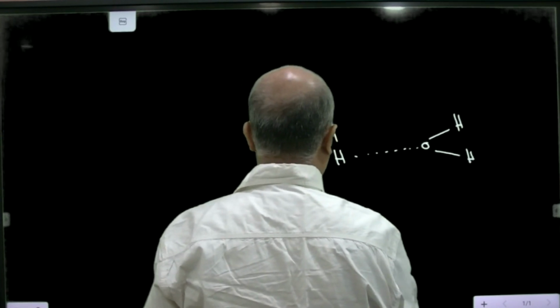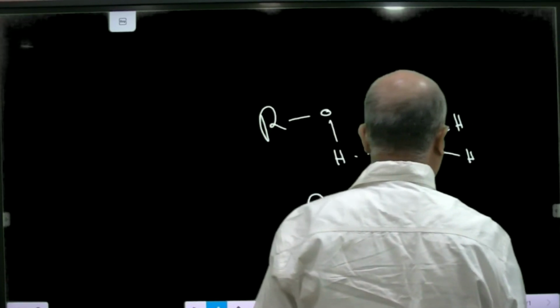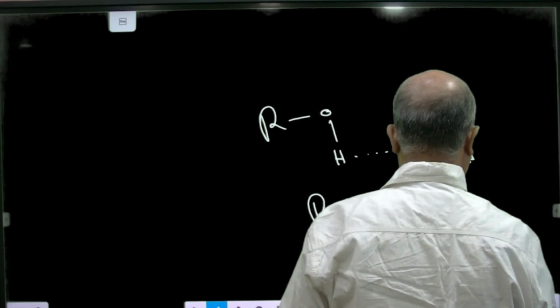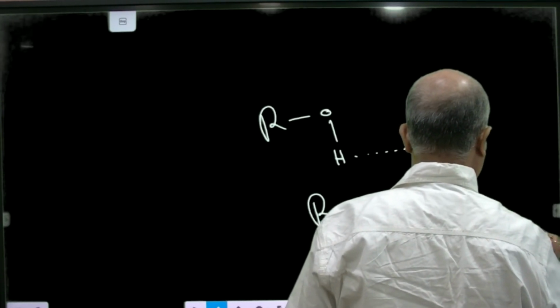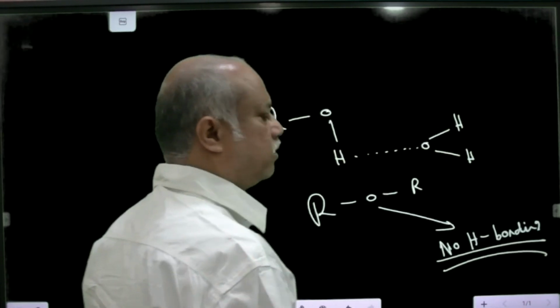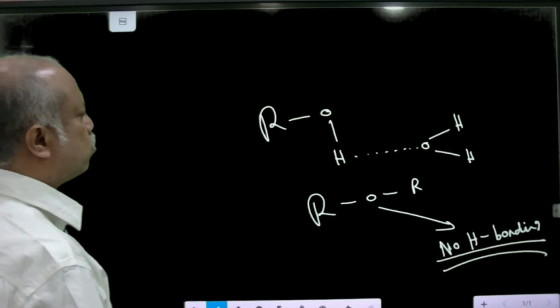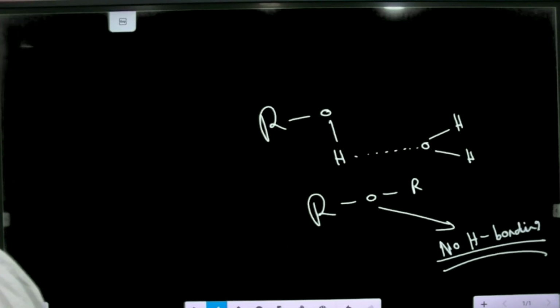Ether has no hydrogen bonding. Insoluble in water. So alcohol is soluble in water. Ether is insoluble in water.